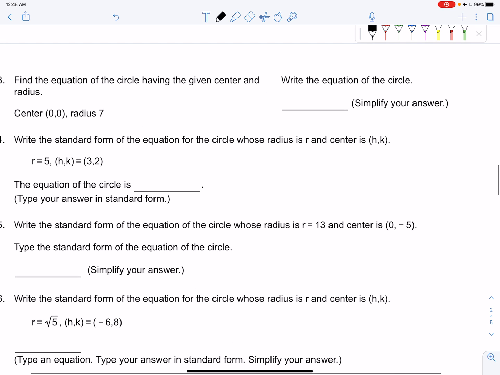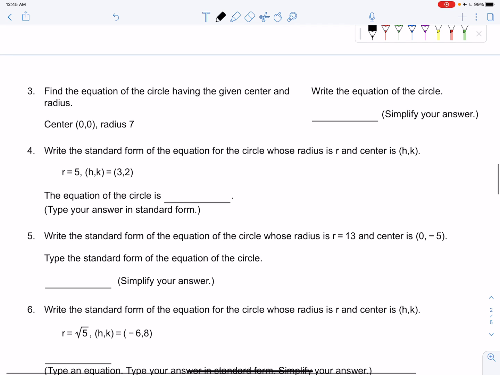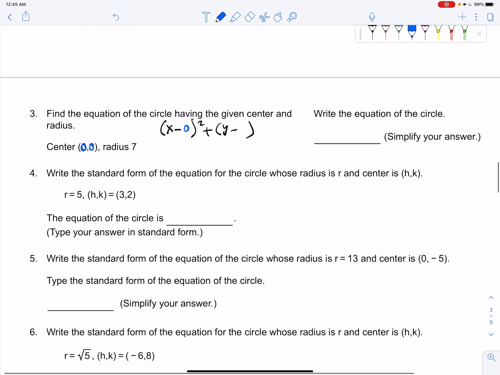Using our standard form that we developed already, it's going to be x minus our x value from our center, 0, squared, plus y minus our y value from our center, which is also 0, quantity squared, equals the radius, 7, and that gets squared.